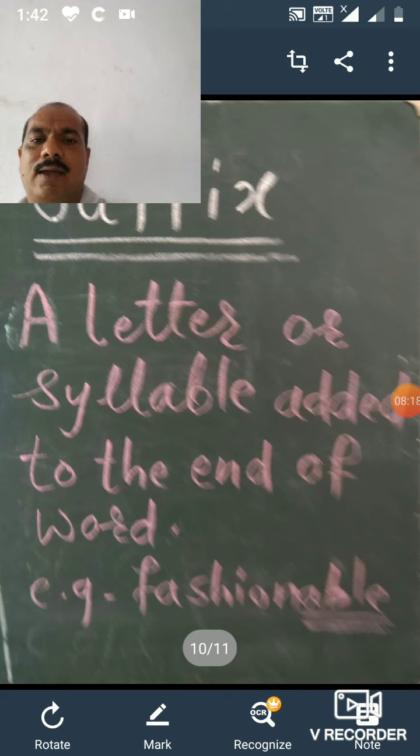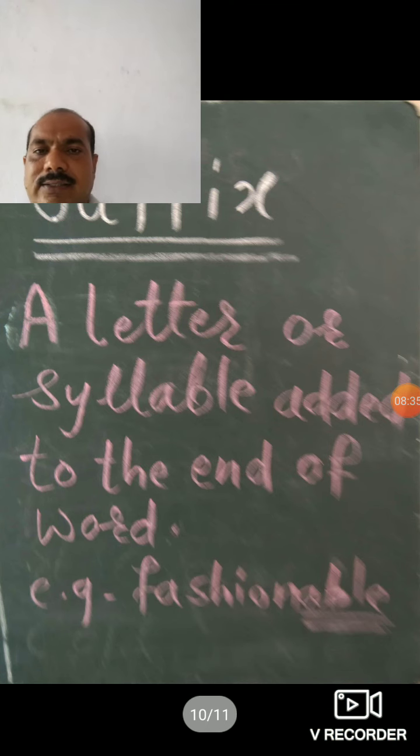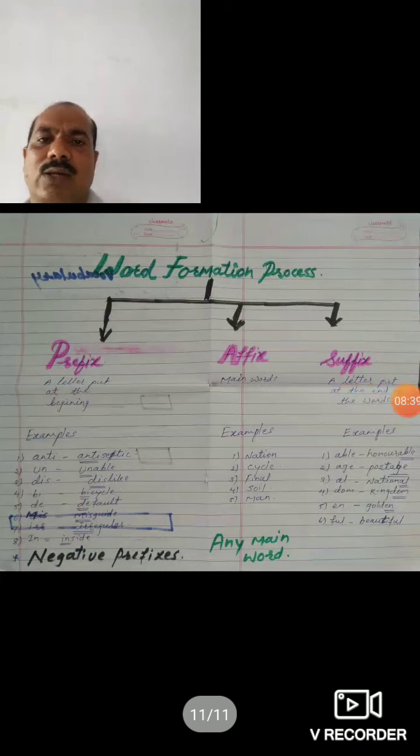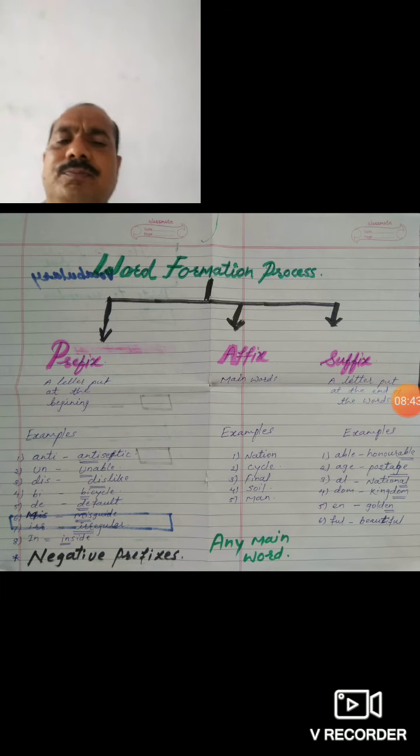For example, fashion is the main word here, and the syllable able is joined to that word, and the new word is created, fashionable. So these are the two word formation processes.